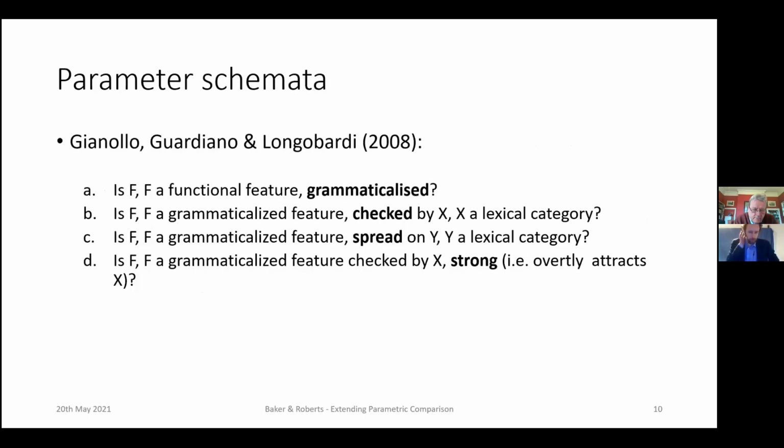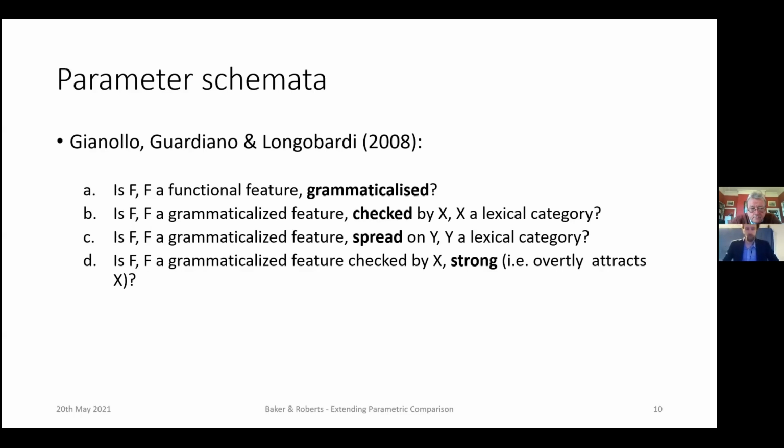A broader set of parallels arise from work by Gianello et al., which many of you will be familiar with, setting out schemata for parameters, general schemata by which specific parameters may then subsequently be determined.